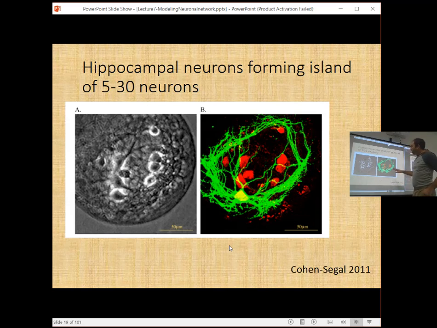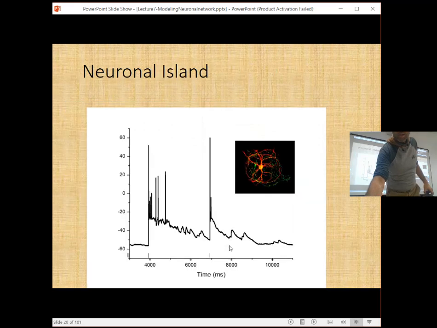One day we were called upon to look at an experiment where you culture neurons, let's say an island of neurons, hundreds of neurons. So you see that they are forming recurrent connections. So far so good.